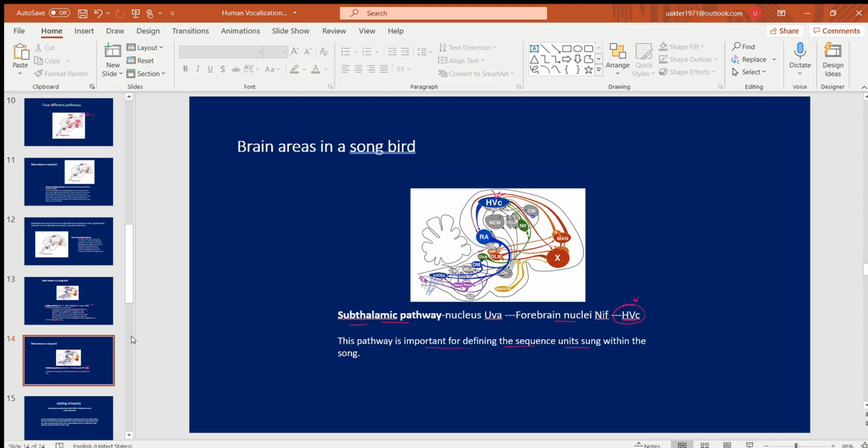In the same way, if you ask someone who already knows how to play, then when that person plays, he knows how to put the notes in order, and that will produce a beautiful melodious sound. So that's why this area is very important.